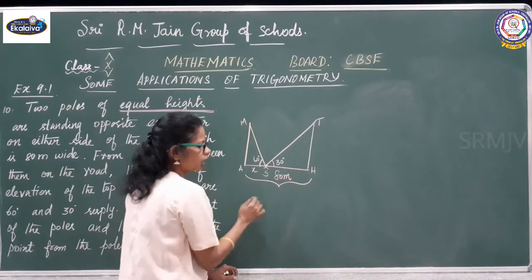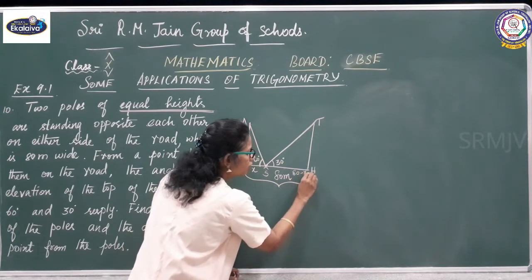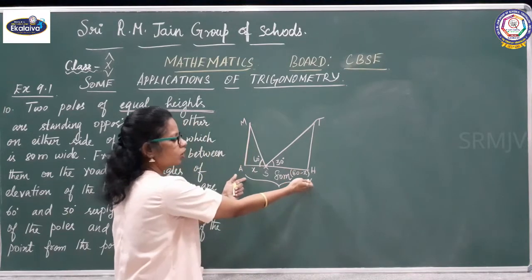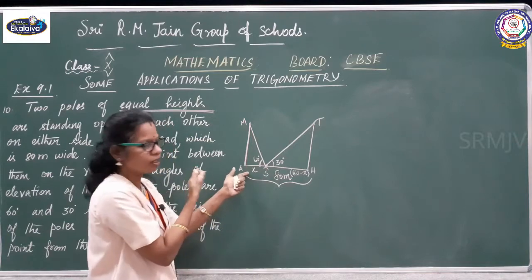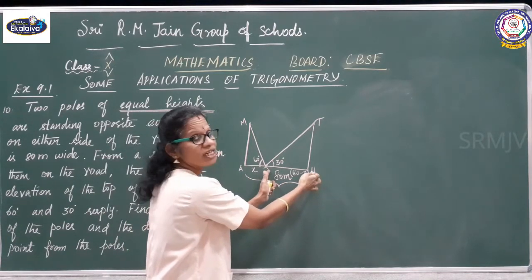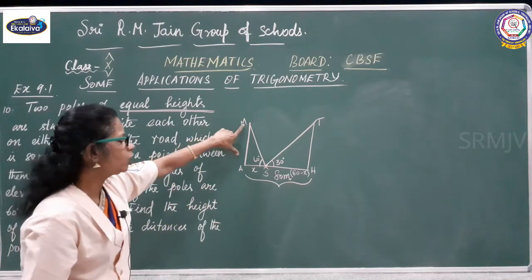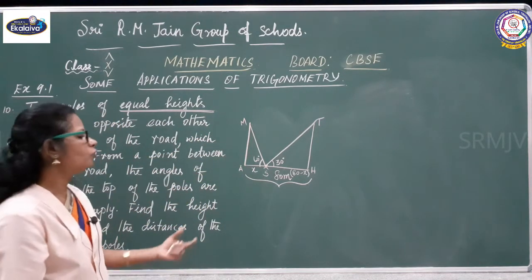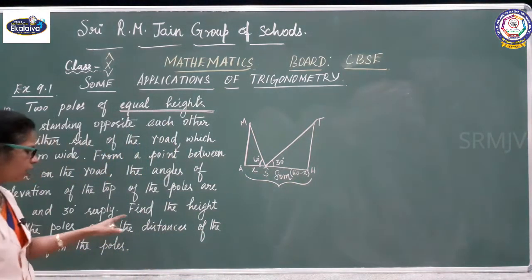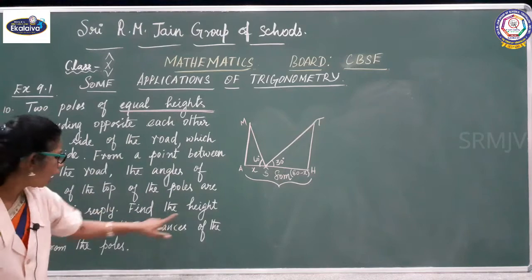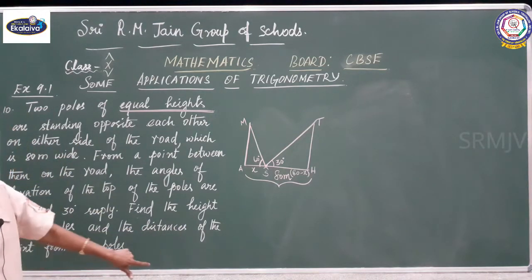The total is 80, so it becomes 80 minus X. This is X, you have to remove it from the total, so 80 minus X is HS. They are asking to find out what is MA, what is AS and what is HS. That is what they are asking in the question: height of the poles and the distance of the point from the poles.